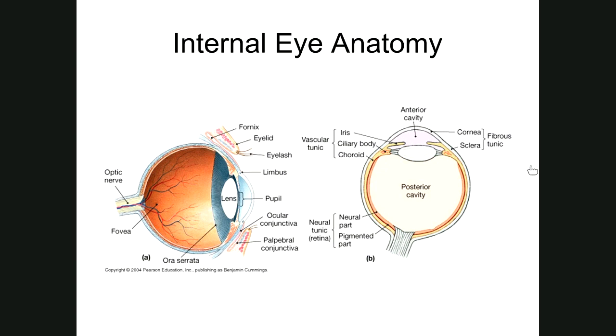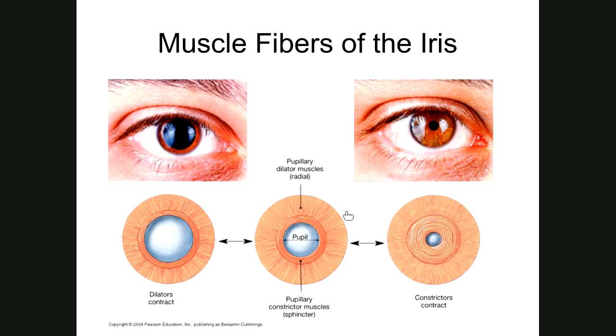All right. Here is a person whose pupil has been dilated, so you see a big pupil there. Some muscle fibers are pupillary constrictor muscles, which are these circular ones here. You can see them on all three pictures. Since they're a sphincter, when they contract, it's going to close that opening called the pupil.